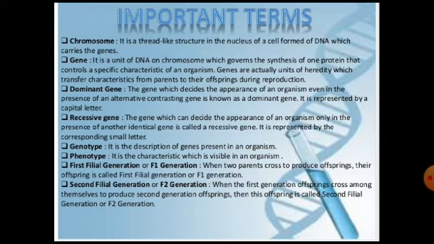And what is a gene? A gene is a unit of DNA on a chromosome which governs the synthesis of one protein that controls a specific character of an organism. Genes are units of heredity which transfer characteristics from parents to their offspring during reproduction.